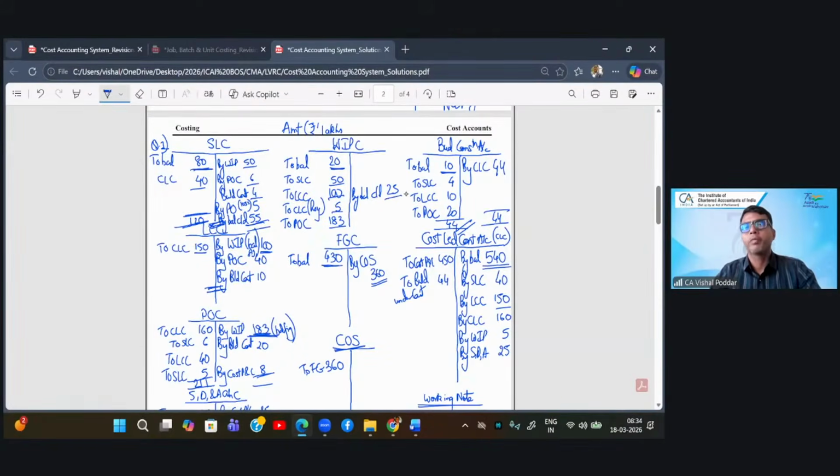direct expenses, and you have closing. So what is left is the amount which is transferred to finished goods account. So this is your balancing figure again. So students make a total: 20 plus 50, 70, 170, 175, 175 plus 183, 358, correct?